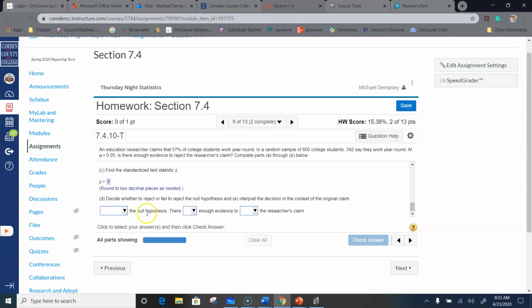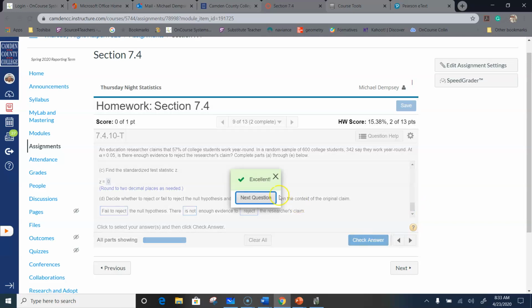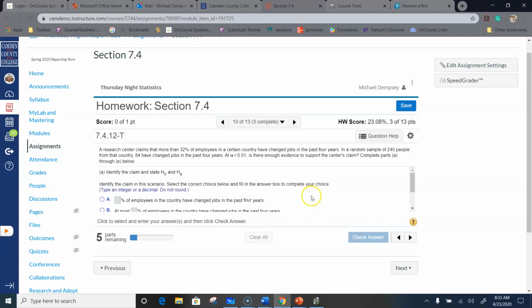Would we reject the null? Certainly not. We would fail to reject the null. There is not enough evidence to reject his claim. His claim was that it was equal to 57%, and that's actually the statistic we got. So we don't have any evidence to the contrary. Okay.